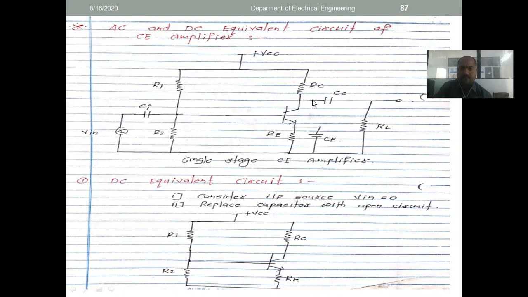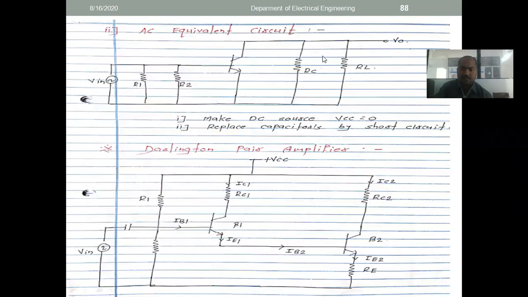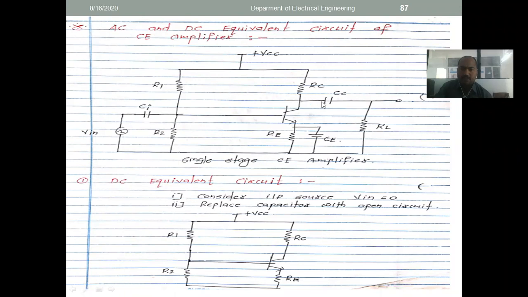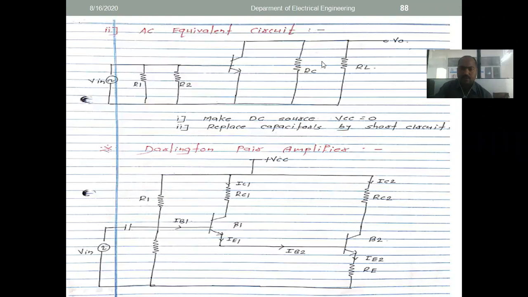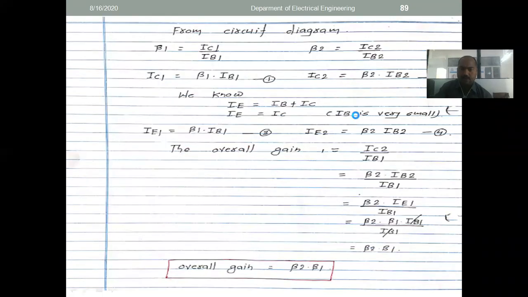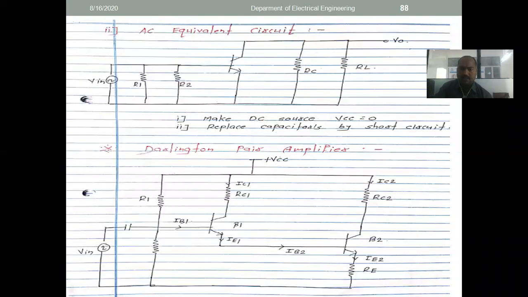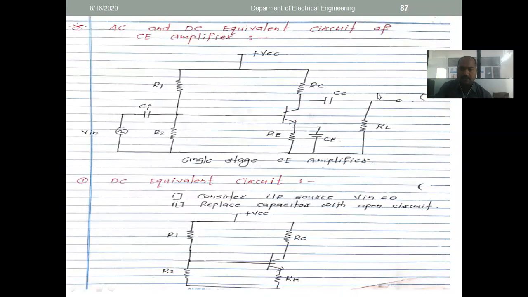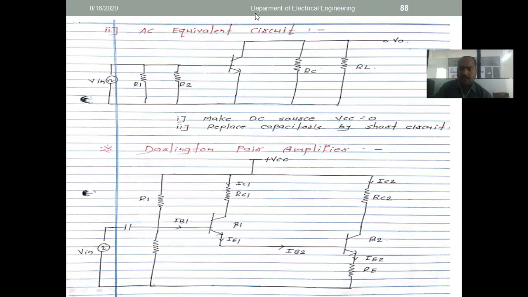When it is connected to the capacitor, in case of AC, it should act like a short circuit. After all that, this should be parallel with the RC resistance, that is RL. After that, this RC circuit should be connected in parallel to the output voltage.